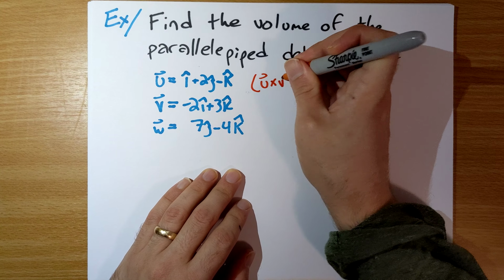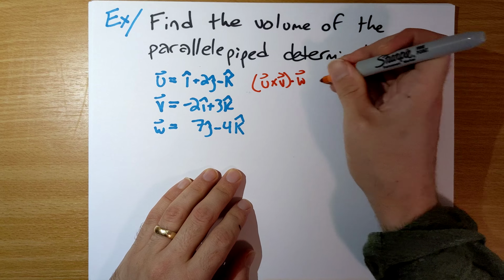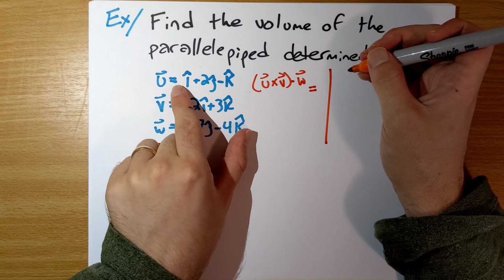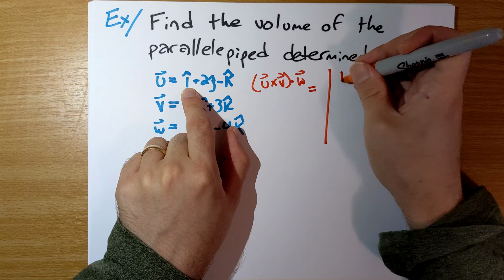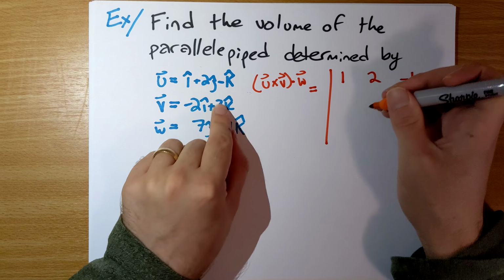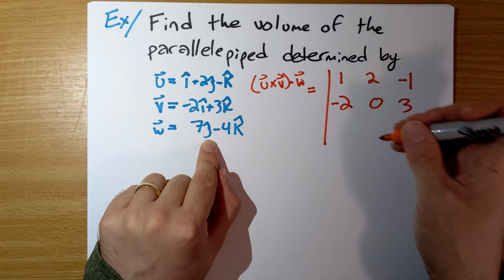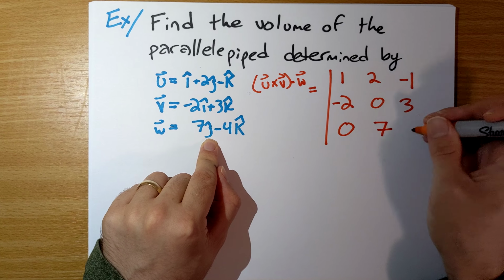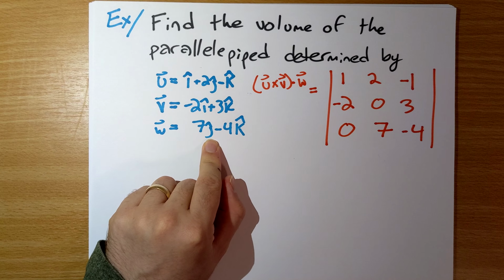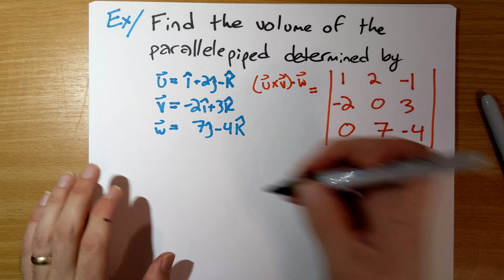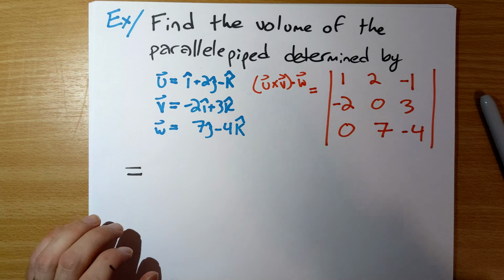so u cross v dot product w is going to be, let's put the entries here for u, 1, 2, -1, then v, -2, 0, 3, and then w, 0, 7, and -4. Okay, and now we just have to calculate this 3x3 determinant.